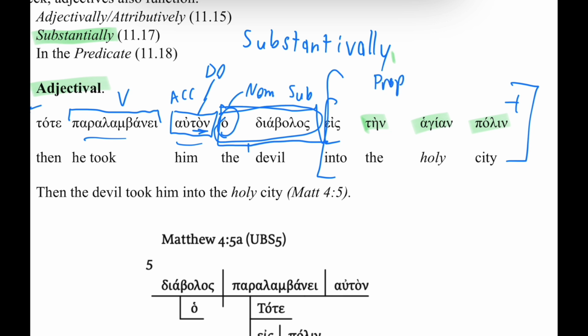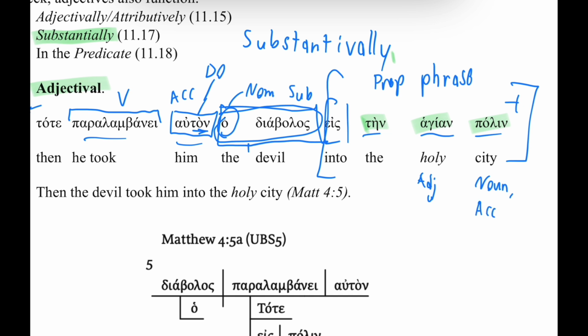And what's going on in this prepositional phrase is we have, of course, our preposition. And then we have an article, hagion, which is an adjective. And then you have polin, which is a noun. And it is a noun in the accusative.